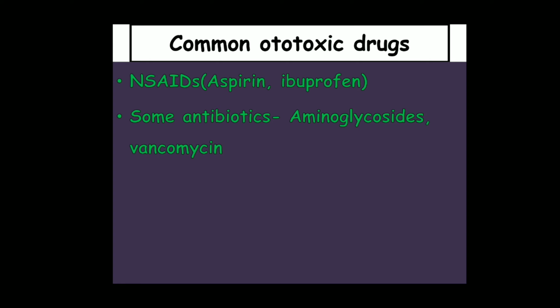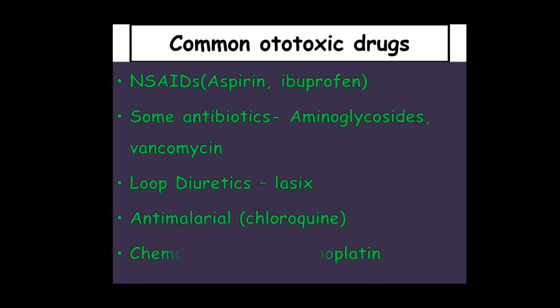What you are using is an ototoxic drug. Then vancomycin, another antibiotic. Then loop diuretics, a very good example is Lasix, and anti-malarial drugs like chloroquine. Some chemotherapeutic drugs like cisplatin, carboplatin are common ototoxic drugs.